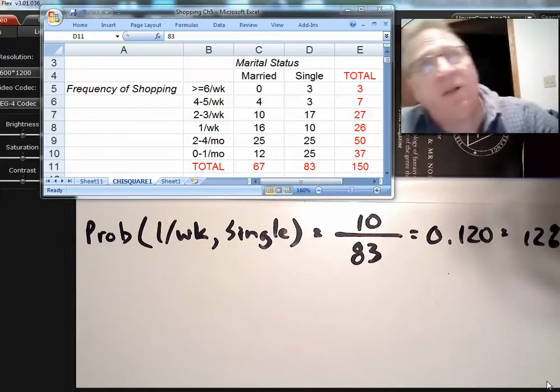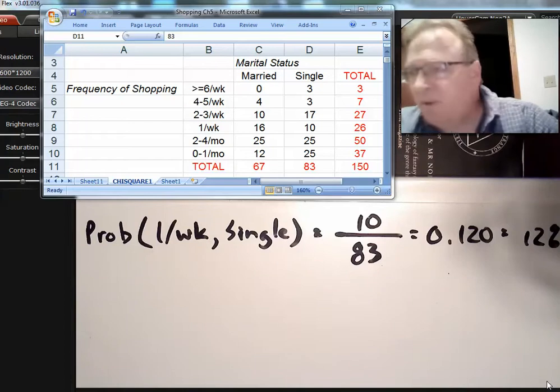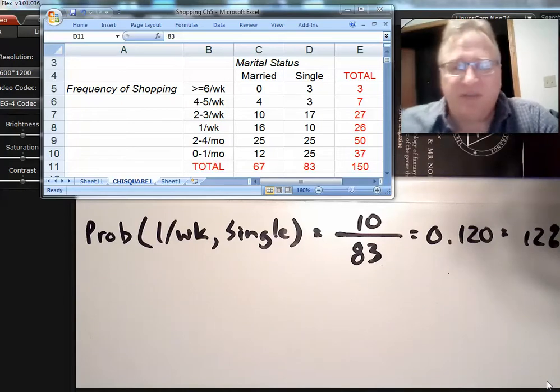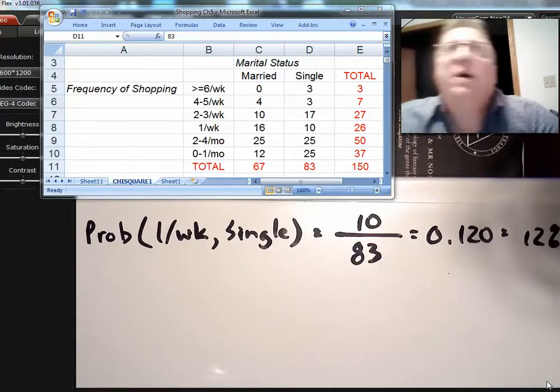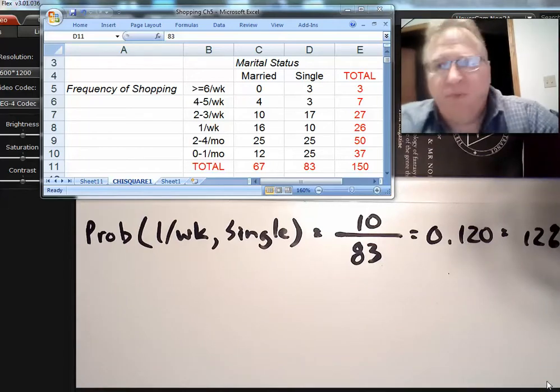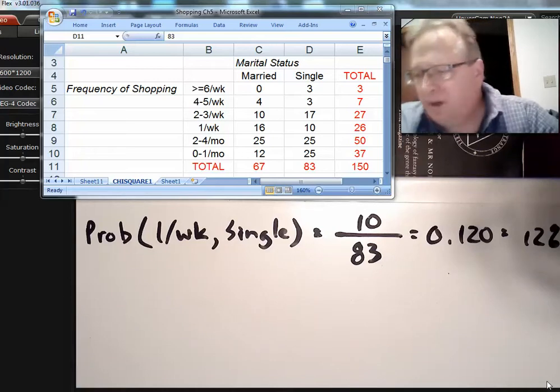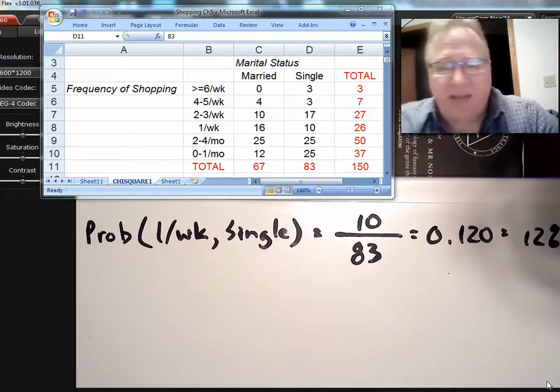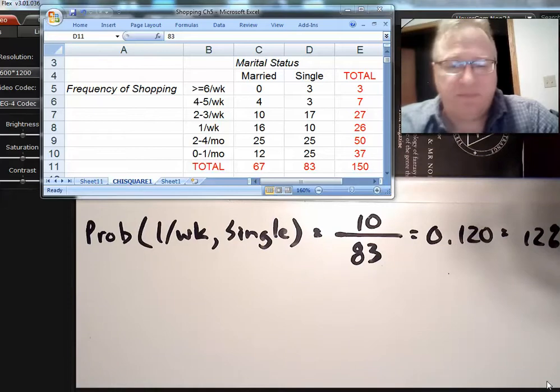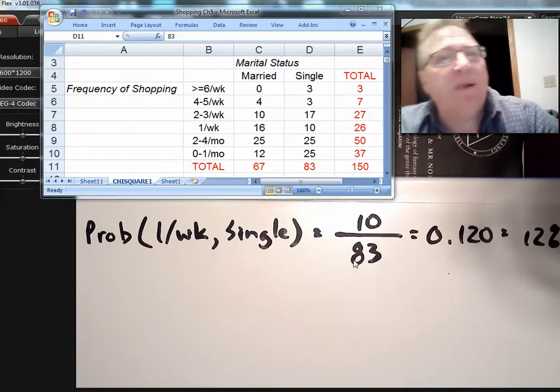Number of favorable outcomes over total outcomes? Well, our author gave several different definitions, and one talks about odds. If I had 100 people who were the same as the people in our survey, and we drew one out of the bunch, there would be a 12% chance that that person would be single and they go to the mall once per week. How's that?